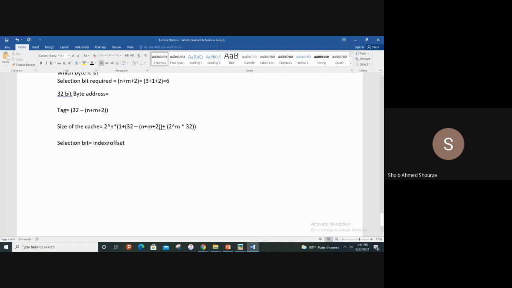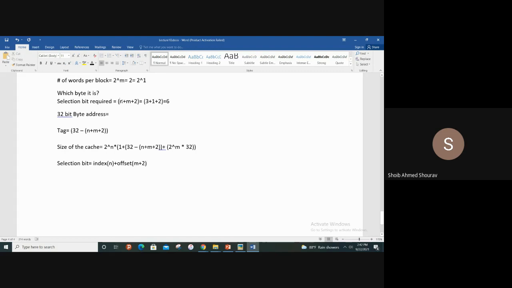Index is n. Offset is m plus 2. The selection bit is index plus offset, where index is only n and offset is m plus 2.